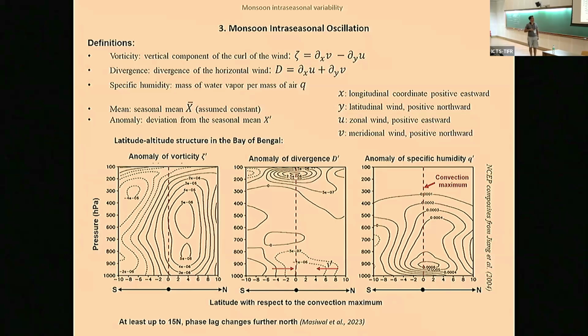And they looked at the latitudinal versus vertical structure. And what they saw essentially is that just north of the maximum of convection, you have a maximum of humidity, about 1 to 2 degrees before the maximum.